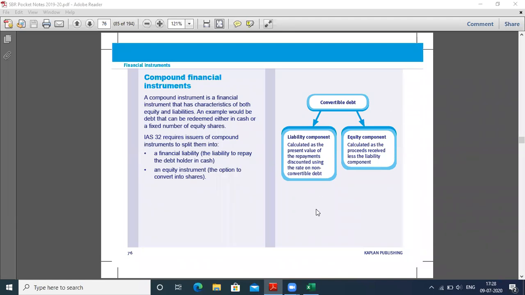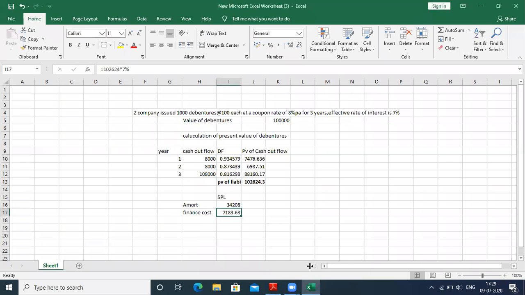Now the best example for this one. Same example we will consider.